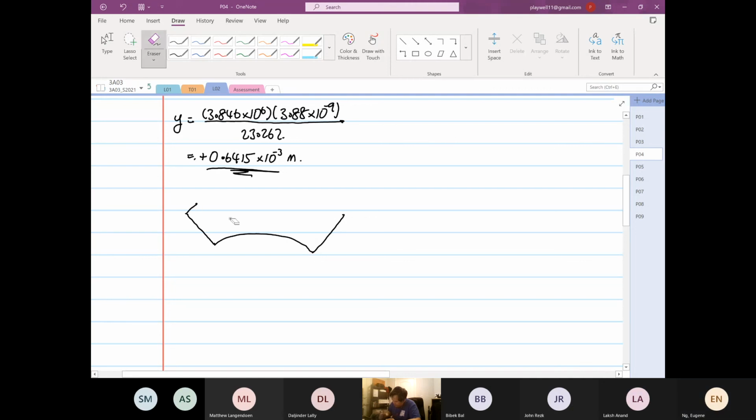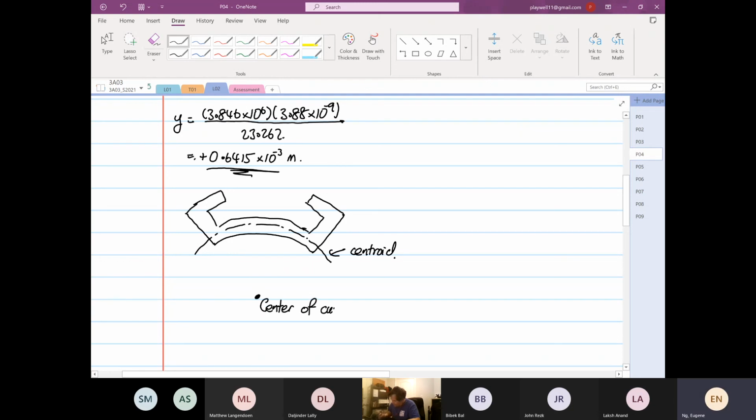Like what I taught you last week, if this is our centroid, over here this is our center of curvature, right?